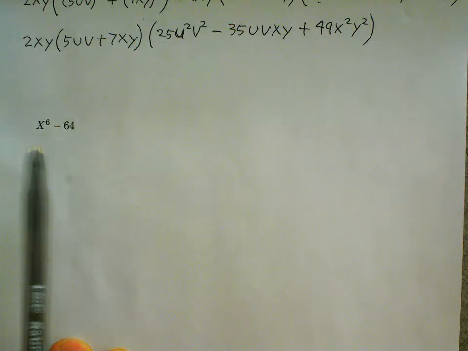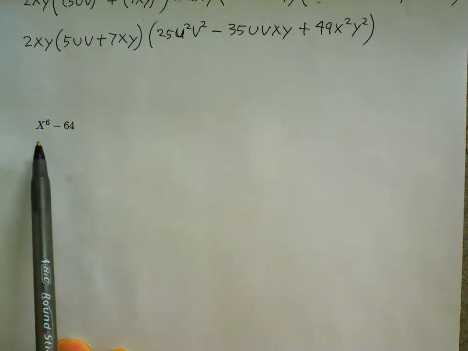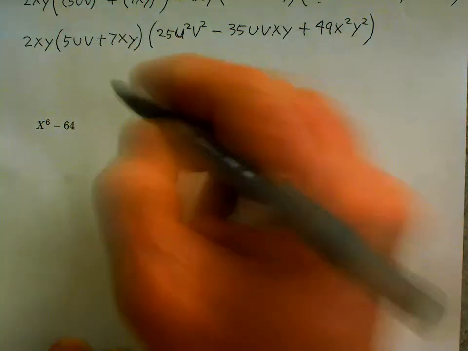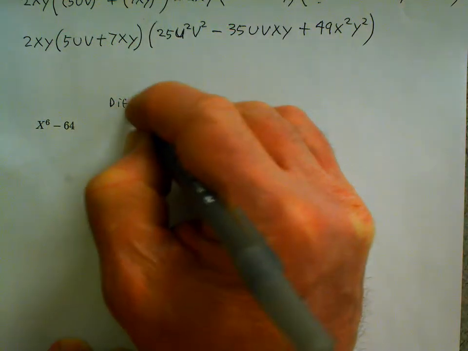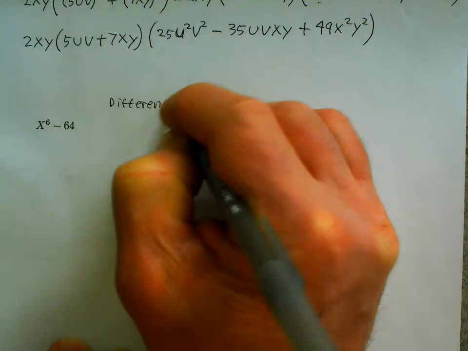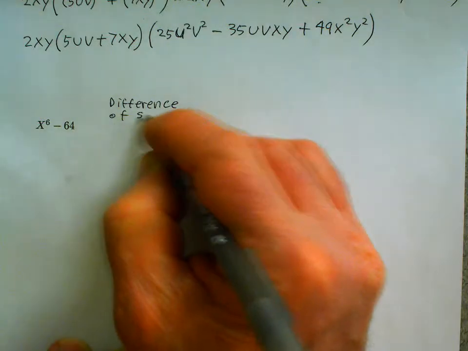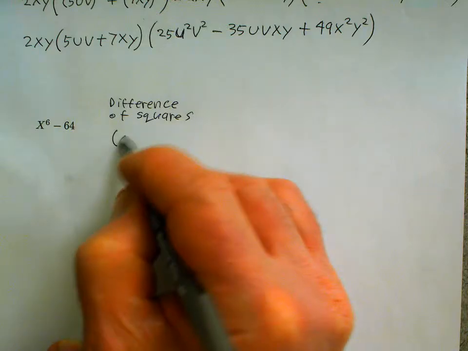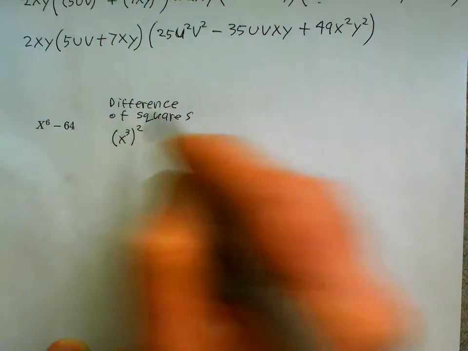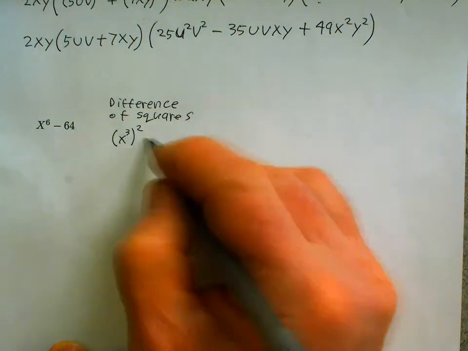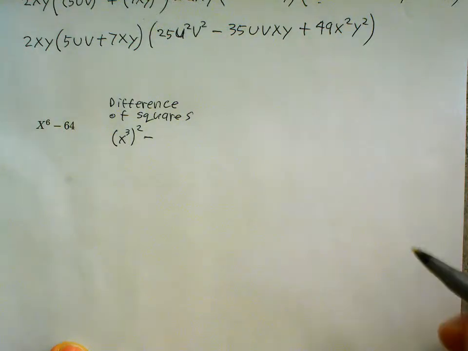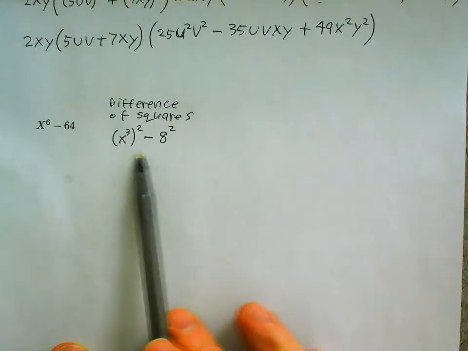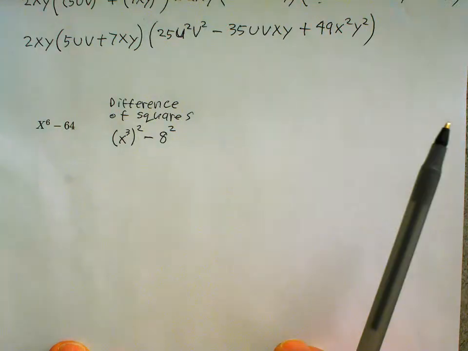Well, this could be written as a difference of squares, because each one of those is something squared. So x to the third to the second is the same as x to the sixth. And 64 is 8 to the second. So we could think of that as a difference of squares.